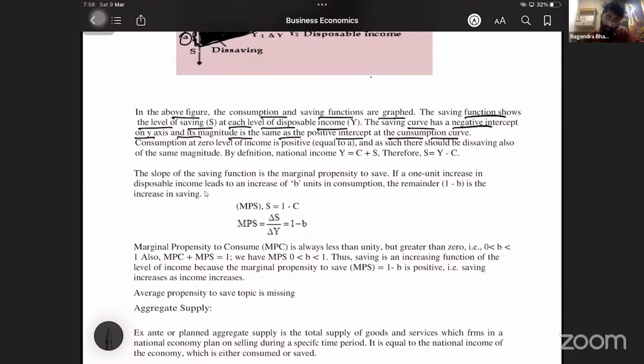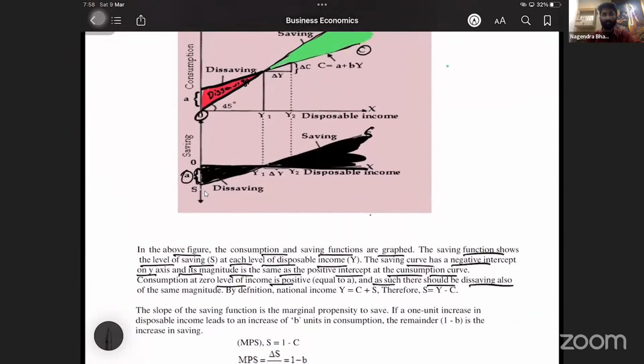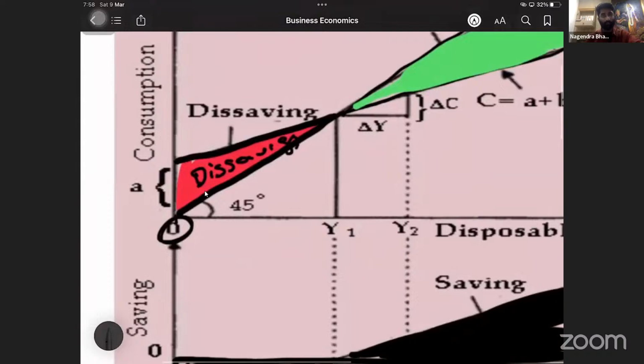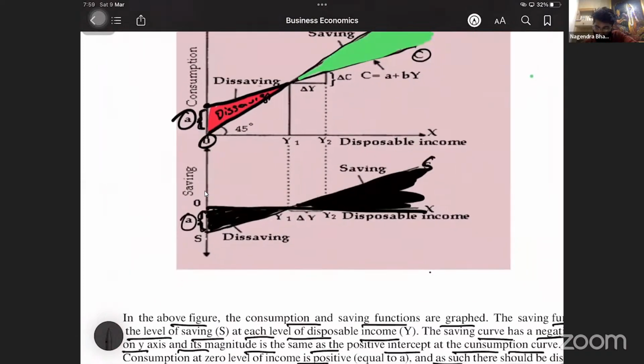The consumption at zero level of income is positive, and as such, there should be dissavings. Even at zero level of income, you have consumption, no? So that is nothing but constant consumption. That constant consumption is dissavings. Continue.